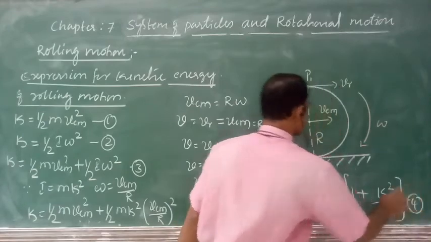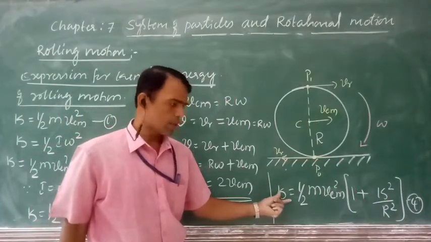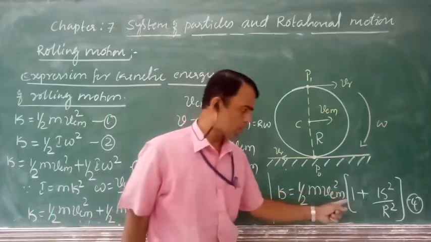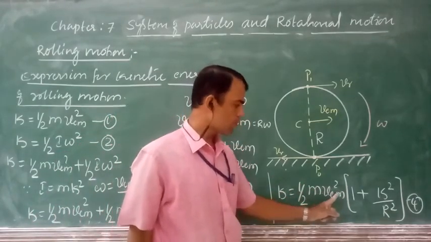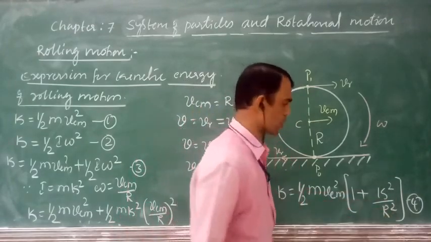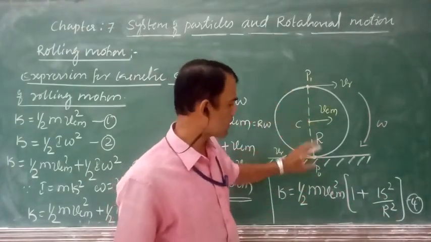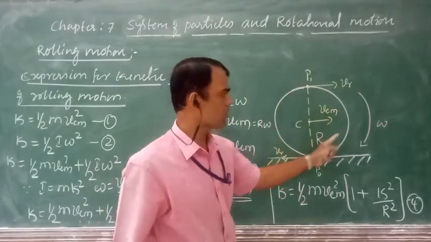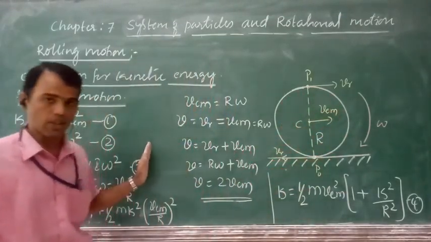So this is the expression for kinetic energy of rolling motion of a rigid body capable of rotating about an axis: K equals half m Vcm square into 1 plus k square divided by r square, where k is the radius of gyration, r is the radius of the circular disc, Vcm is the velocity of center of mass, and m is the mass of the circular disc which is capable of rotating with respect to an axis of rotation.